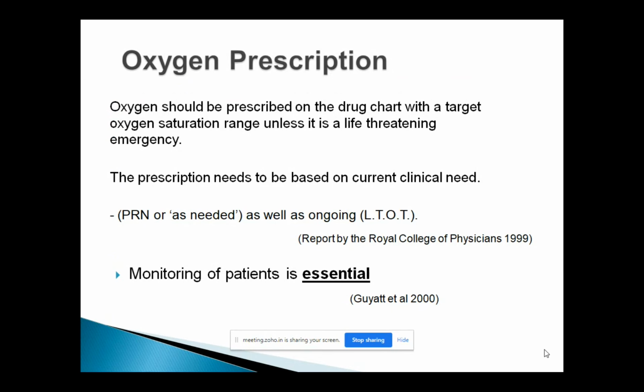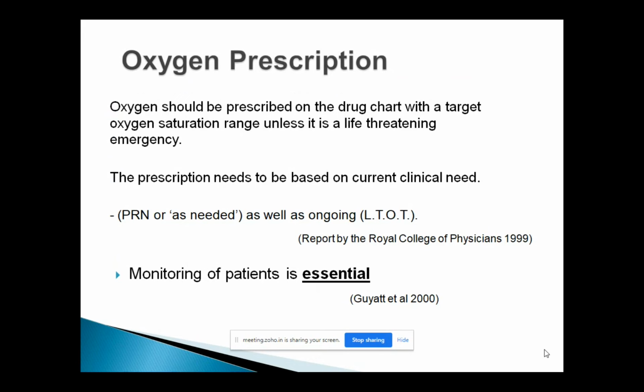The prescription needs to be based on the current clinical need. So what is their underlying problem? What are we trying to achieve? For example, if a patient with pneumonia has a saturation of say 90, and you're trying to achieve, as I said, 95 to 100 is normal, there's no point in just giving 10 liters for the sake of achieving 100%.